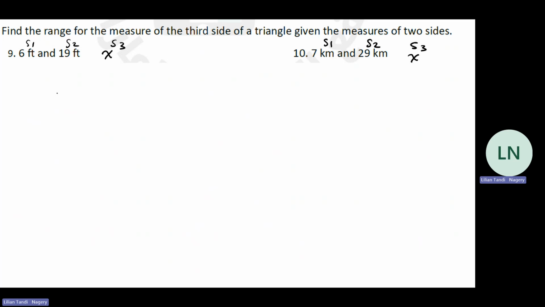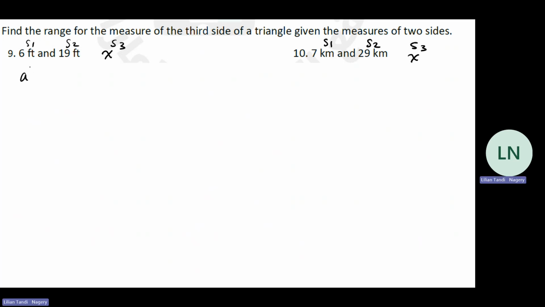Now, to find the range, you are first going to do a plus b is greater than c. Okay? Then you find the answer to that. So we are going to start here.